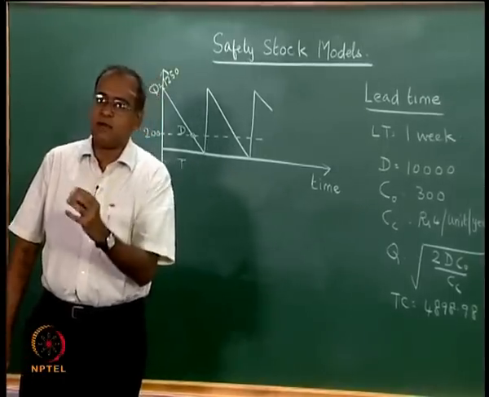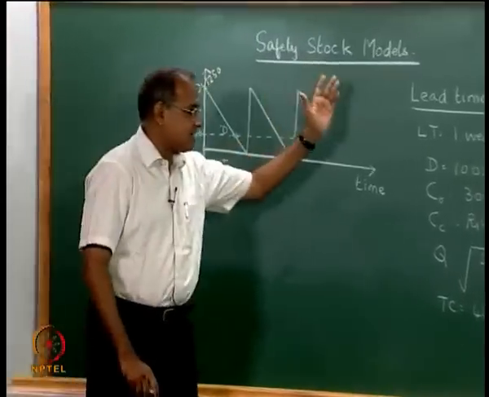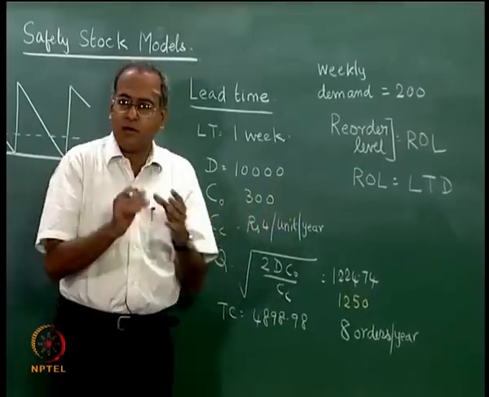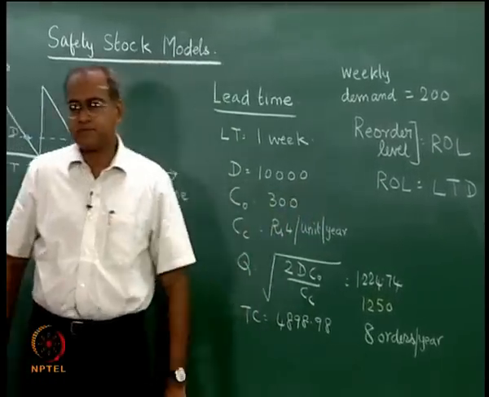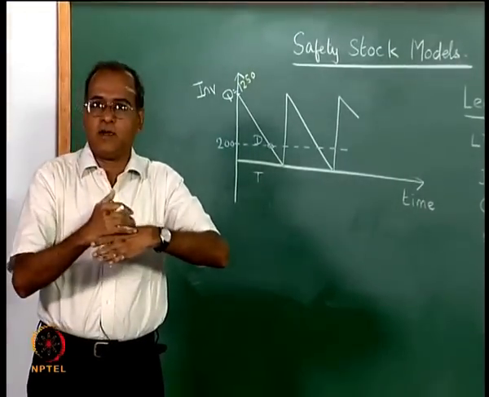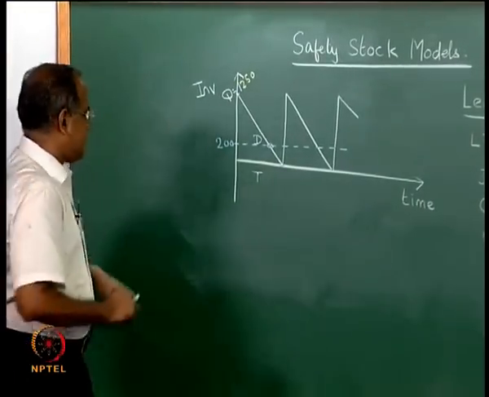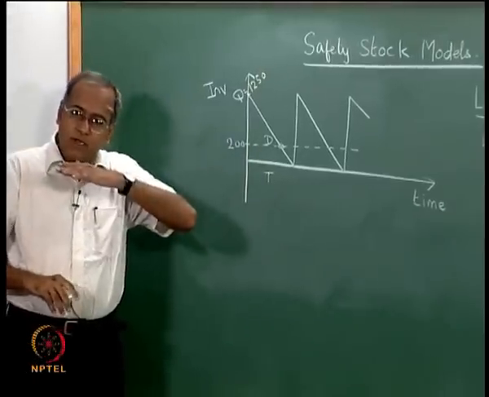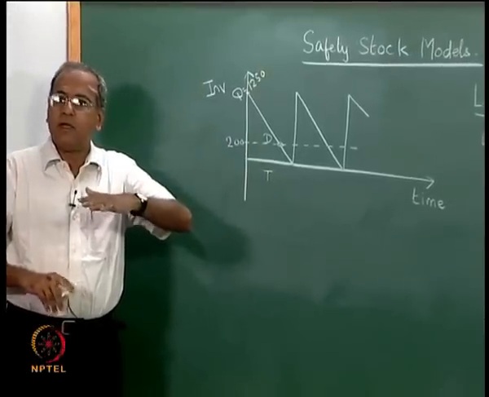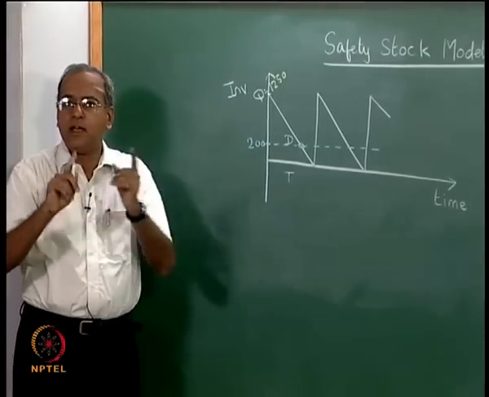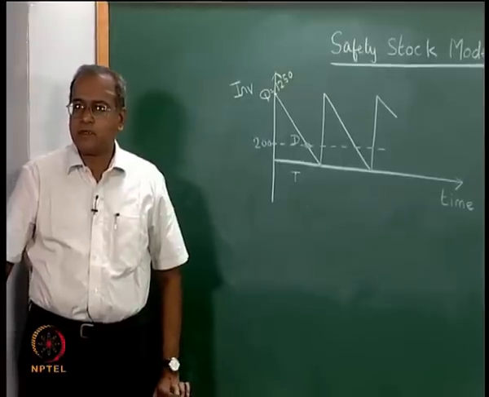Now, there are exactly 8 cycles in this year, because what we do right now is we assume that the moment we compute the reorder level, as soon as the stock comes to the reorder level, we will place an order.